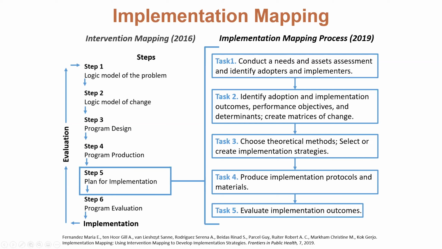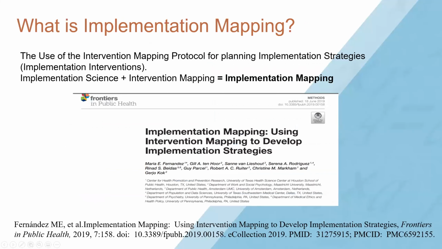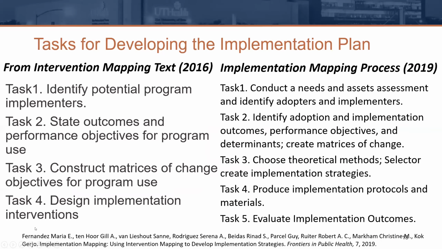And so in 2019, we published this article, Implementation Mapping, which is essentially thinking about implementation science, including all of the theories and frameworks that are available in implementation science, and using intervention mapping informed steps, and that's what we call implementation mapping.